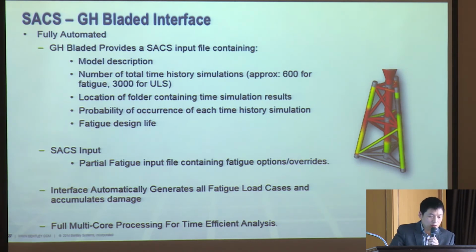It also includes the location of the folder containing the time history simulation results. And for fatigue analysis, we need to know the probability of occurrence for each time history simulation. The total fatigue design life is also included in this control file.